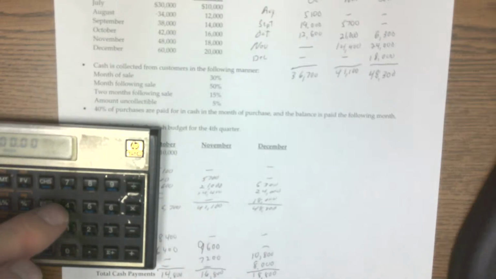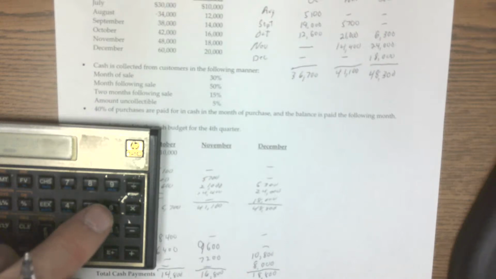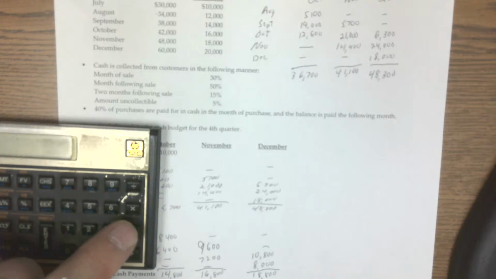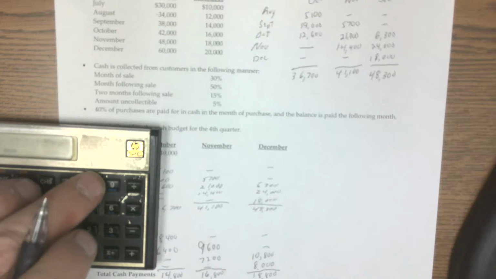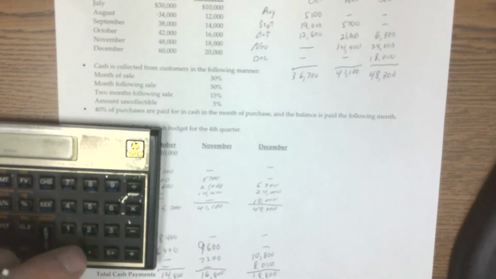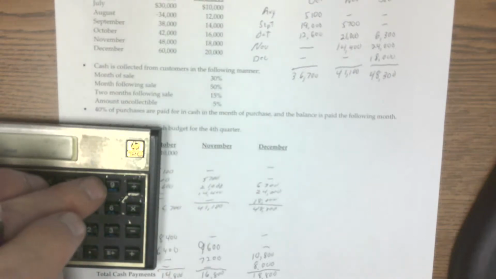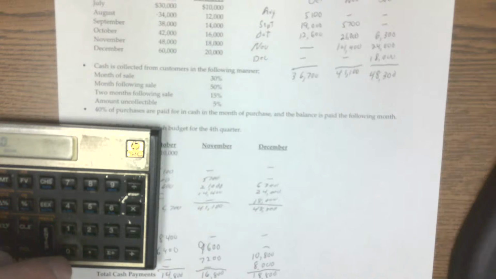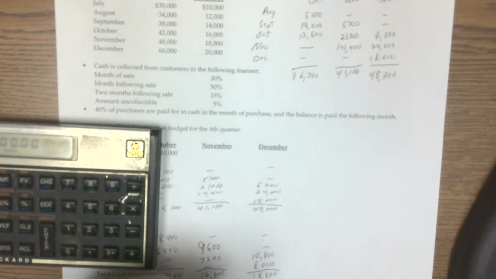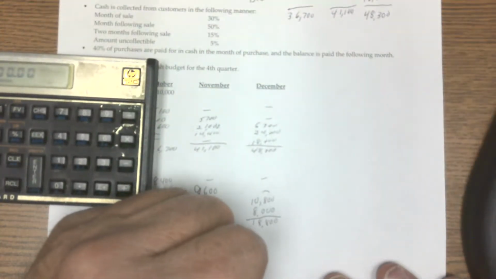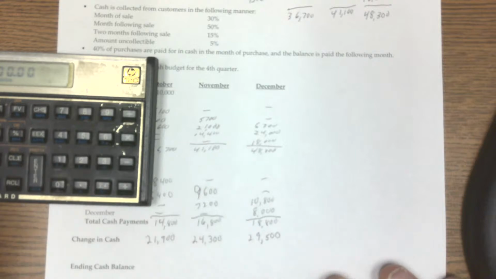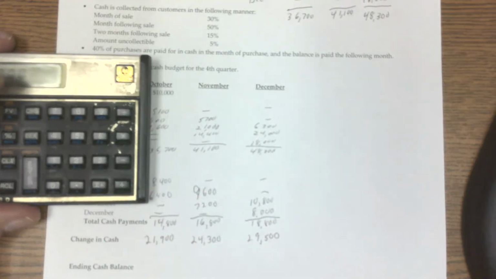The change in cash is 41,100 is 24,300, and the change of cash for December 48,300 is 29,500. So that's our change in cash.